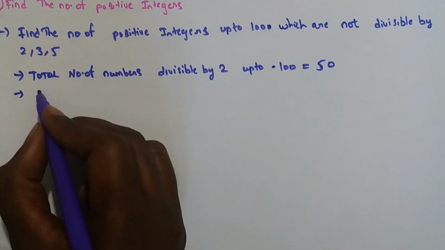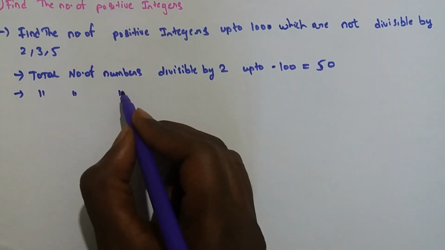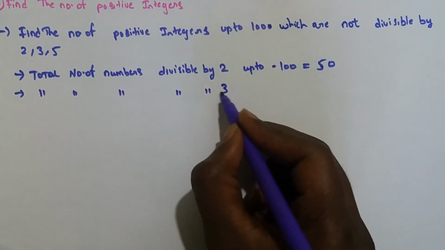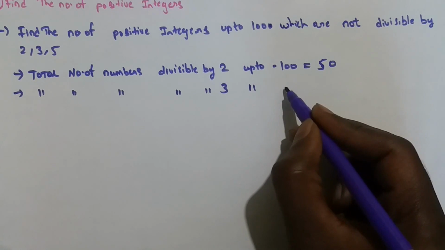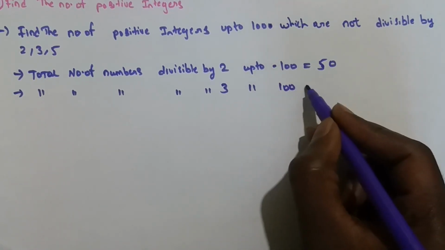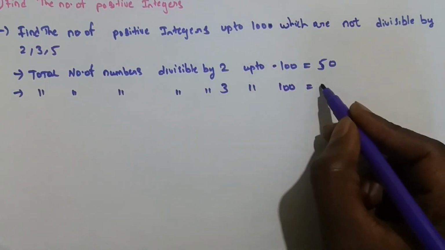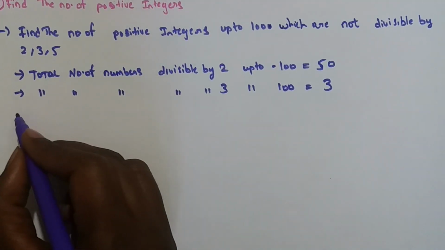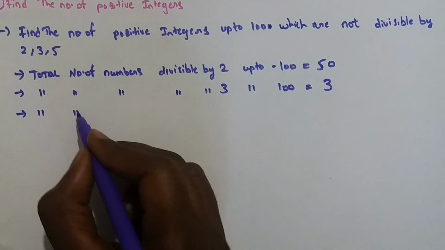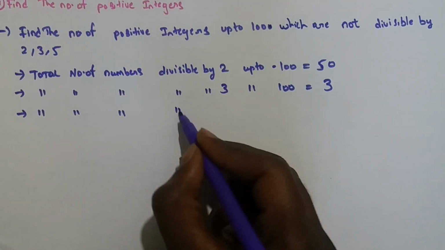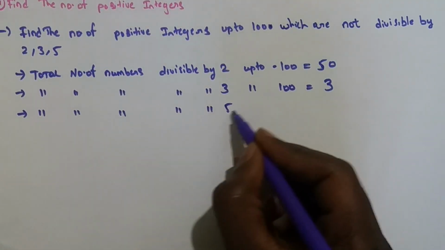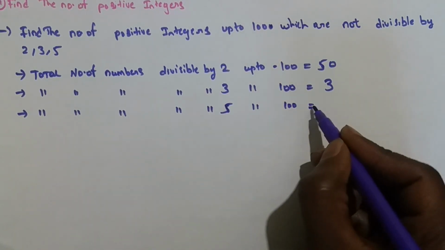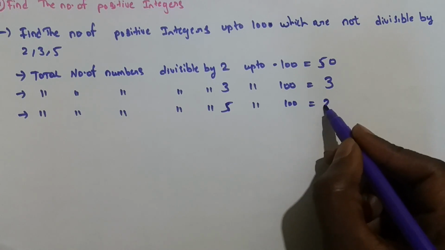Let's see another one. Total number of numbers divisible by 3 up to 100 is equal to 33. Okay, now another one. Total number of numbers divisible by 5 up to 100 is equal to 20.